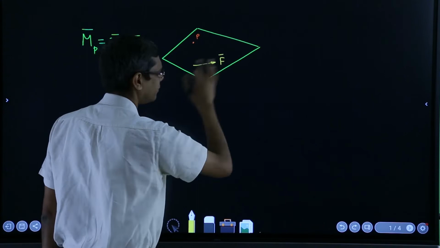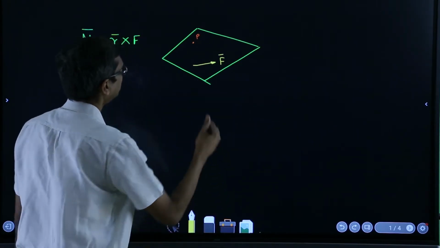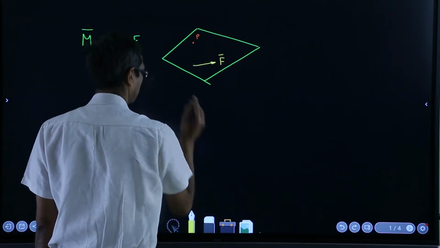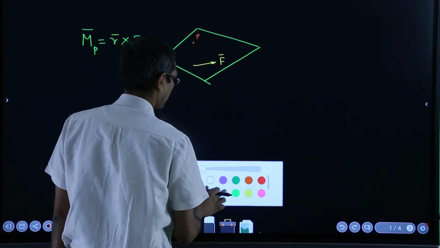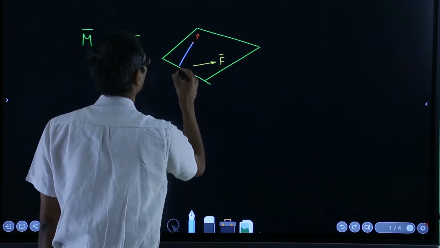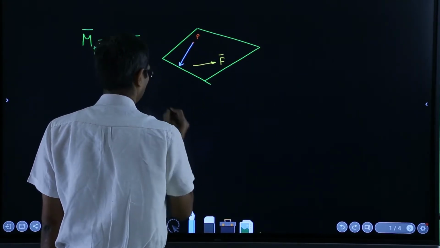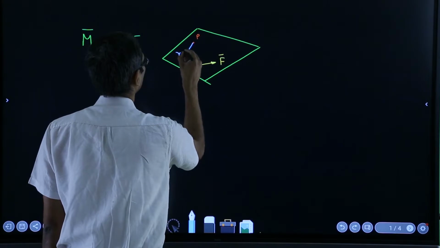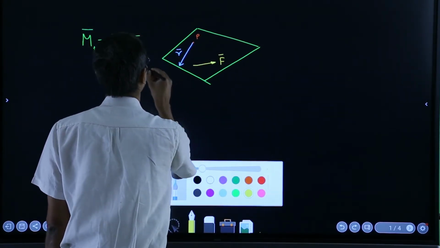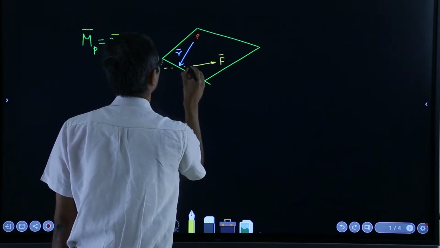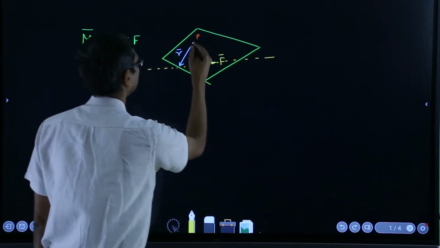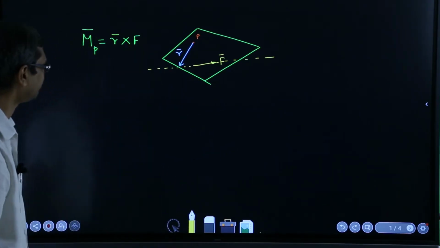Otherwise P and F should be in any general plane, general space, and then we said that this R, now we could draw the R to any point on the line of action of F, and this R cross F will give us this.